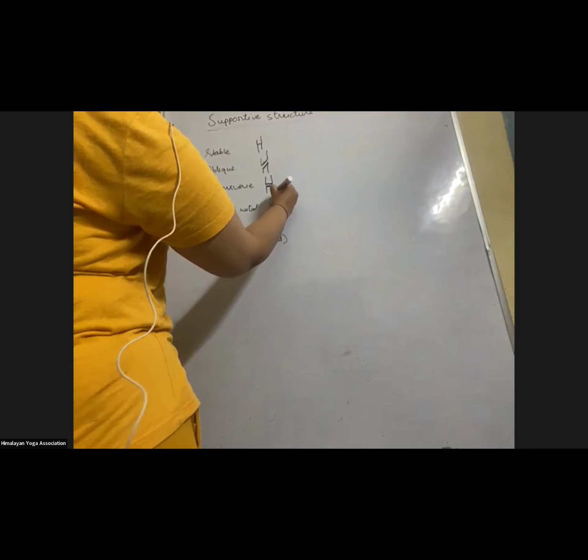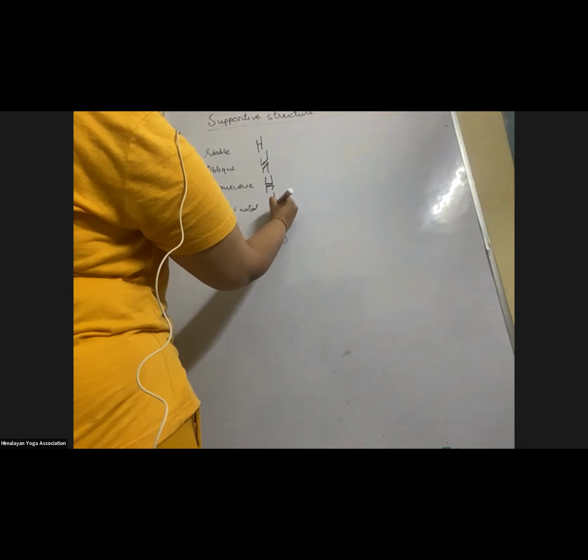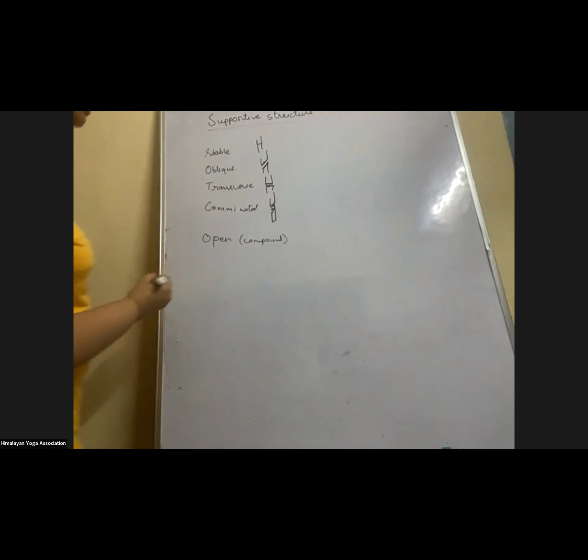Comminuted is when the bone has broken into three or more pieces. Then we have open or compound fracture.